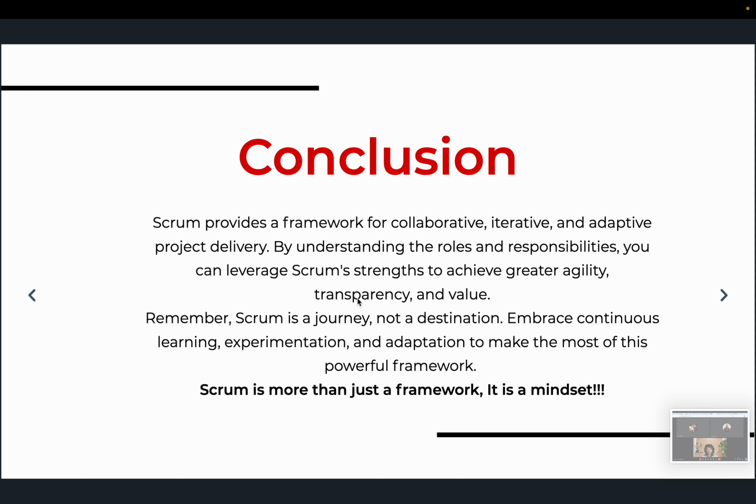Embrace continuous learning, experimentation, and adaptation to make the most of this powerful framework. So Scrum is more than just a framework, it is a mindset. Same way Agile is a mindset. So in subsequent sessions, we'll go deeper into sprint planning, what does it entail, what is required of you, and all of that in the next sessions.